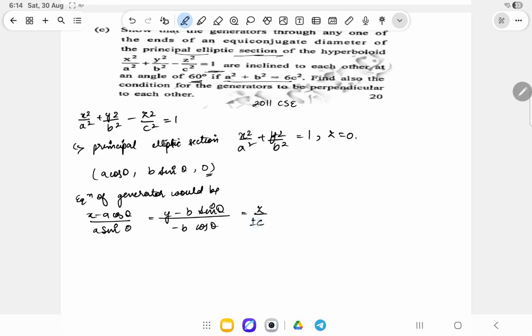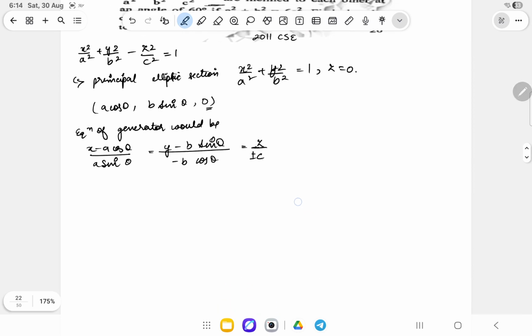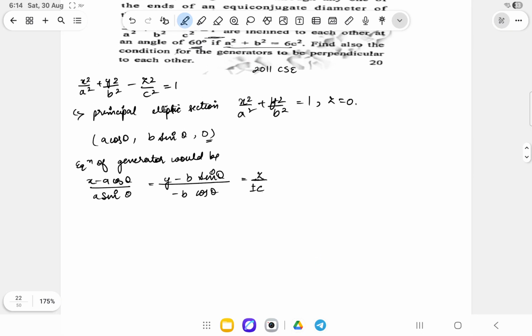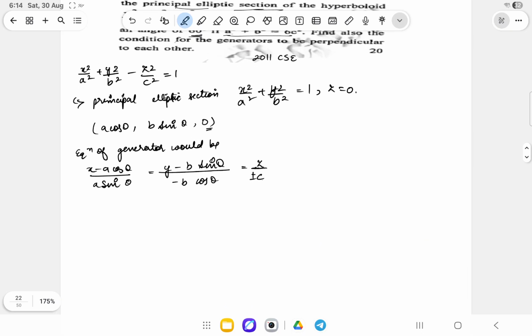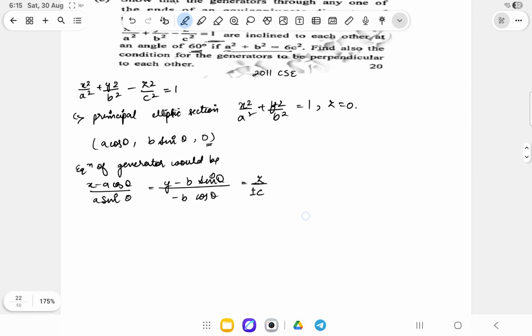You can just remember this because it comes handy in many questions. Like you cannot solve it in every question, depending on the marks and the number of pages given, you can just move ahead and find the equation of these generators. For this question I am using it directly because we have already proved it above in previous questions. So this would be the equation of the generator.